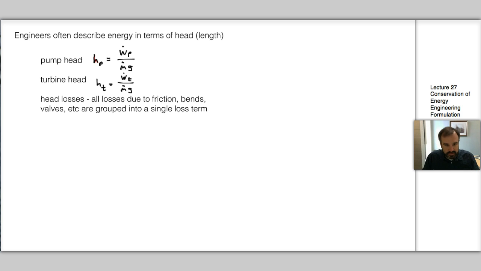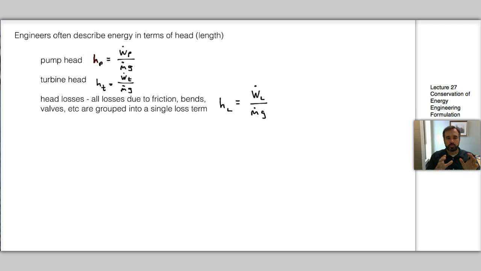And then finally we have these head losses, which are losses due to friction, bends, valves, etc. We're going to group all that into a single term like I did before, and we're going to say that H sub L is equal to W dot L over M dot G.